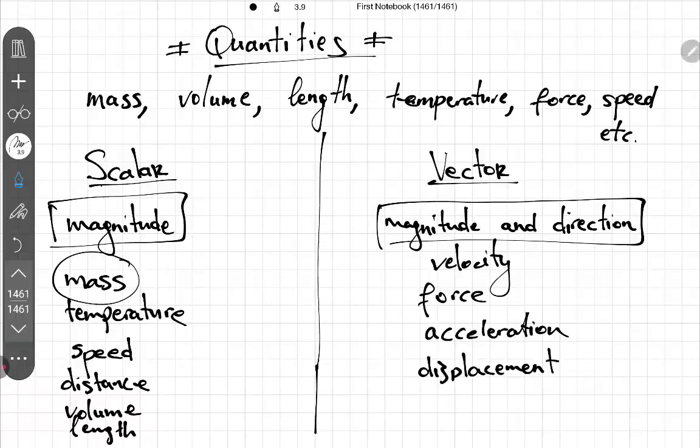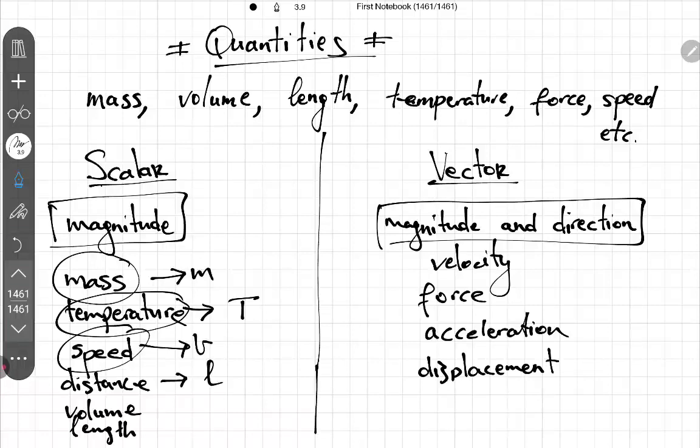Instead of mass we use, for example, M. Instead of temperature we use the capital T. Instead of speed we use V. Distance is represented by, let's say, L. There are many differences in different countries. For example, sometimes this is represented by S or L or D, it doesn't depend. And volume is represented by V, and length is also represented by L. So as you see, we choose some letters for the quantities.